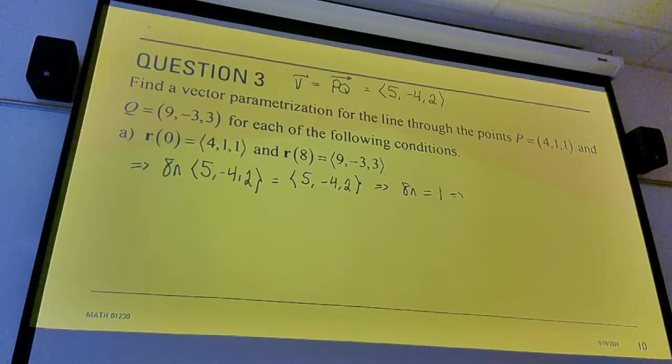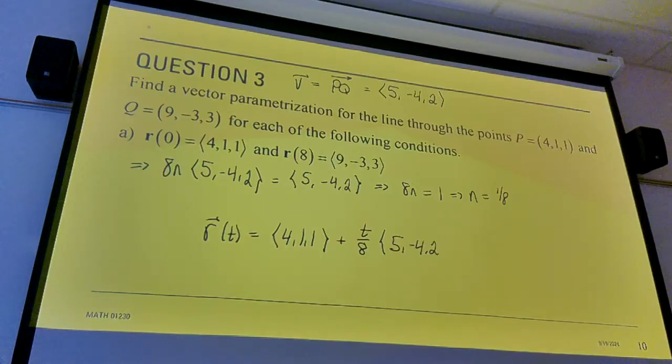Which means n has to be what? There's your parameterization that satisfies the condition.